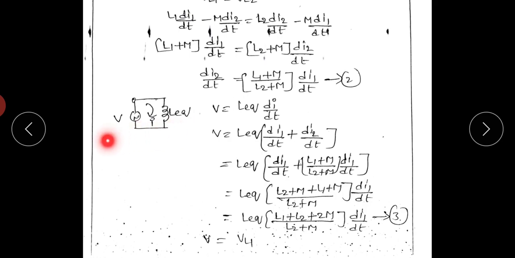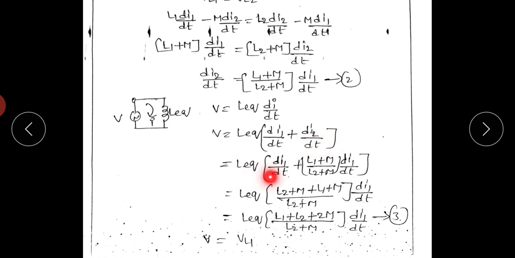So this is the equivalent circuit. Here L equivalent is the equivalent inductance of the circuit. So V equals L equivalent into di by dt, and from equation 1, di by dt equals di1 by dt plus di2 by dt. Next, substitute di2 by dt from equation 2 here.